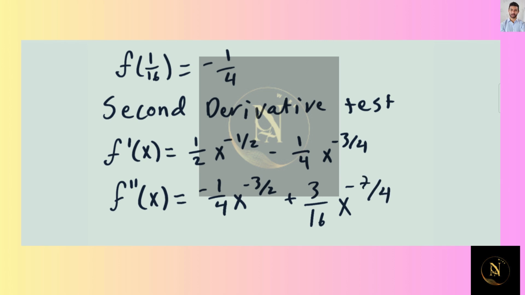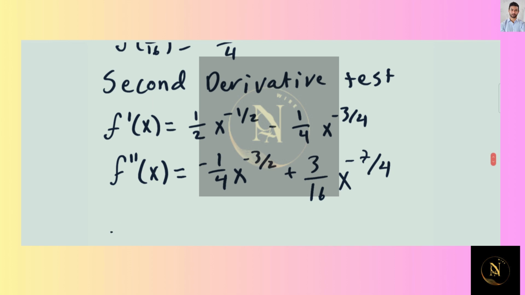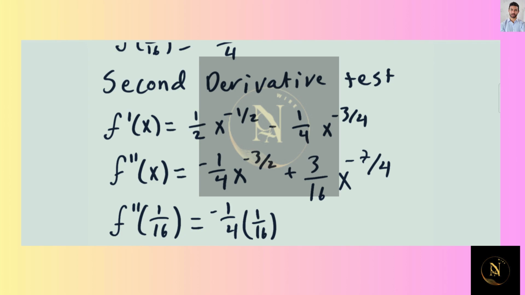Now that we've found this derivative, and we know that our first derivative is equal to 0 at x is equal to 1/16, what we can do is plug in 1/16 into our second derivative. So f double prime of 1/16 is equal to negative 1/4 times 1/16 to the negative 3/2 plus 3/16 times 1/16 to the negative 7/4.